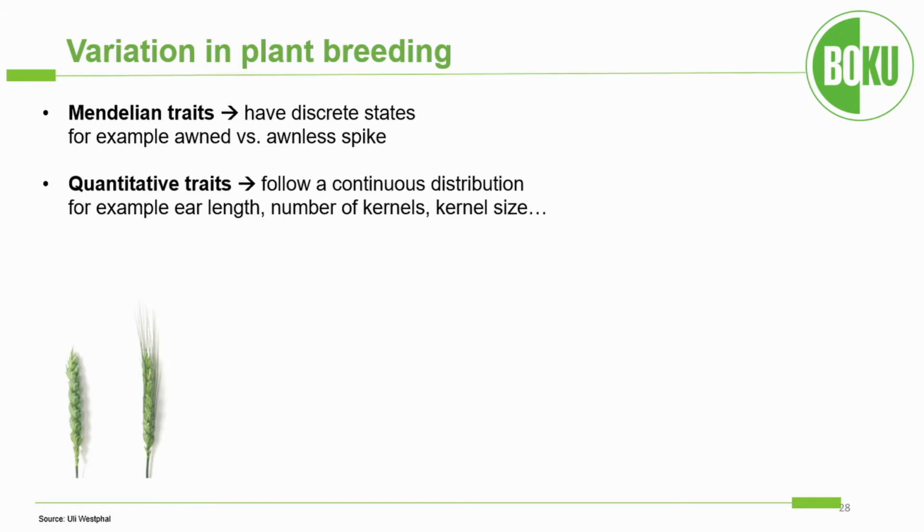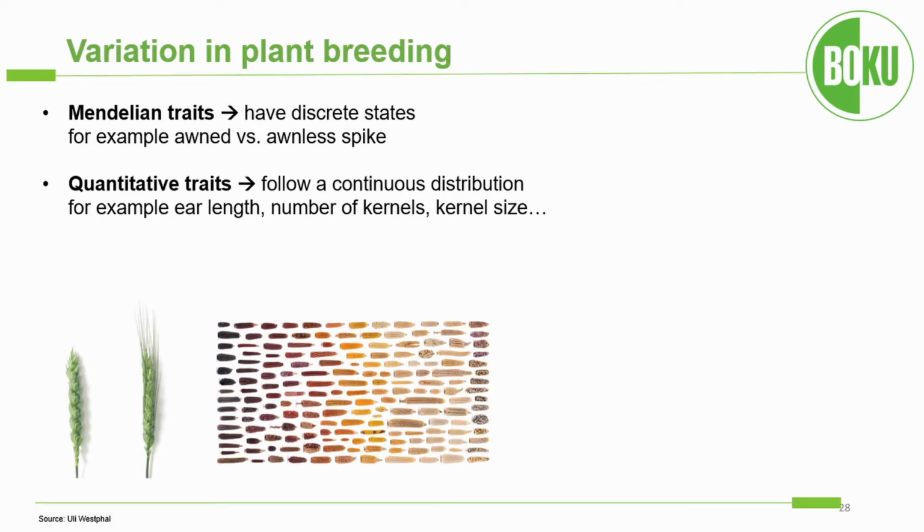On the other side, we also have more quantitative traits that follow a continuous distribution. For example, here in maize, you can see very nicely a lot of variation: different ear lengths, colors, kernel sizes and shapes, and so on.